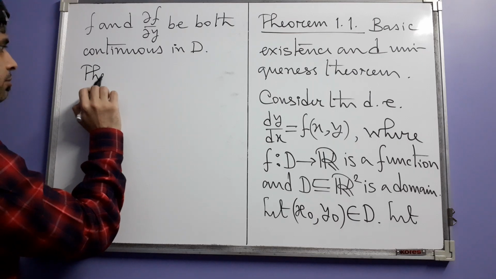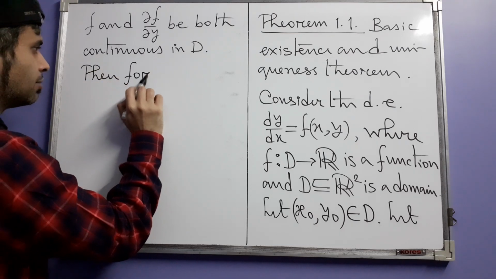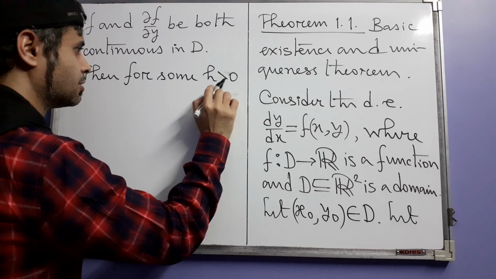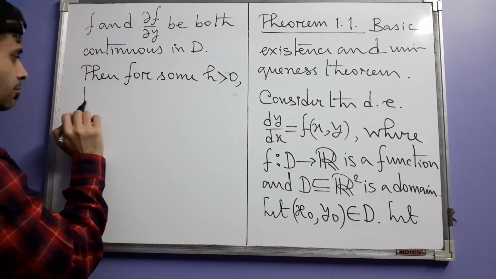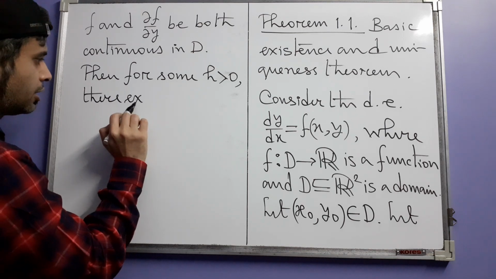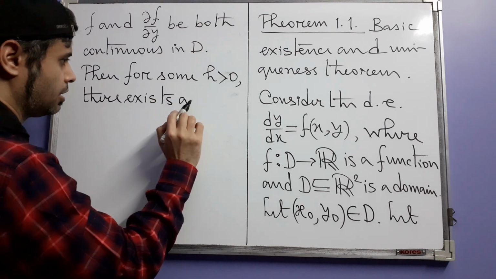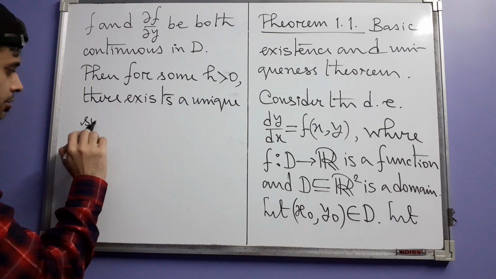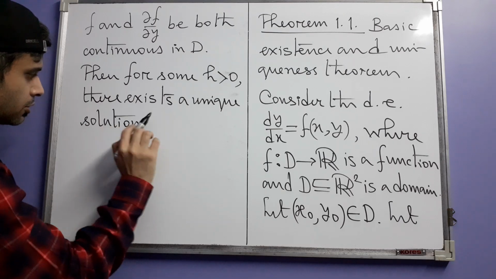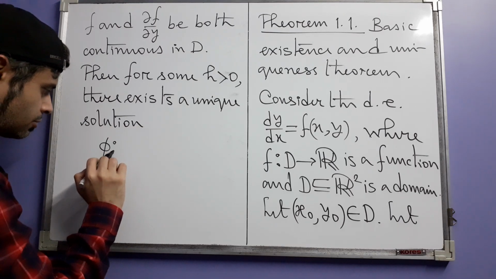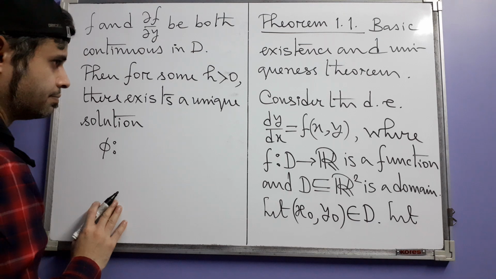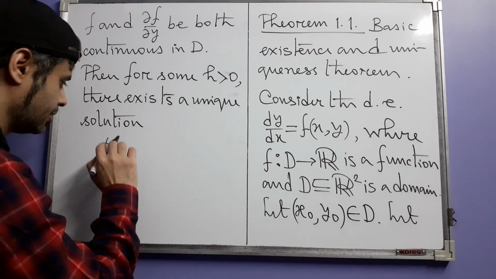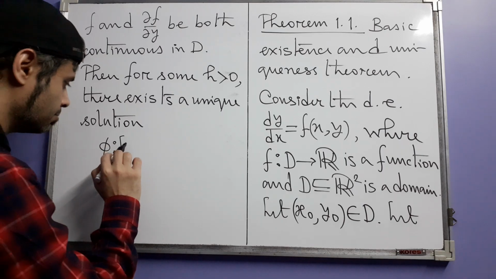then for some real number h which is positive, sufficiently small, there exists a unique, this time we have uniqueness, a unique solution phi. Well, are we calling it phi? Actually it does not matter, we can call it anything, but I just want to be consistent with the book.